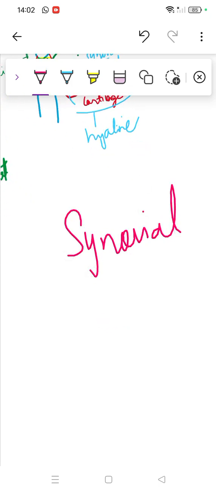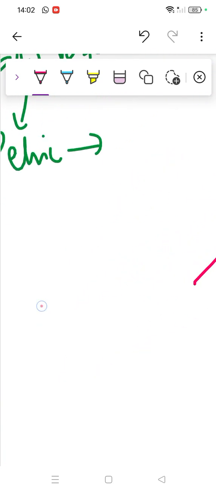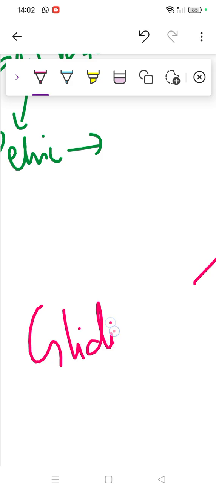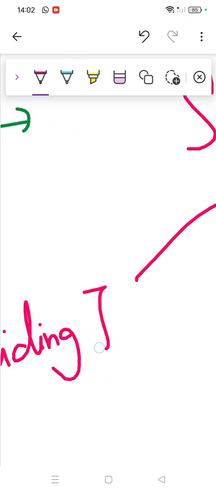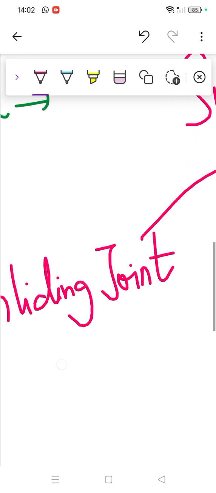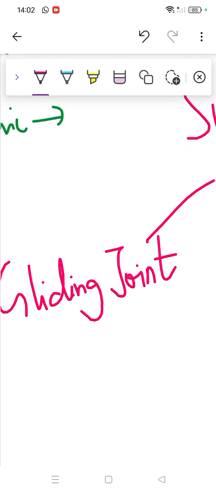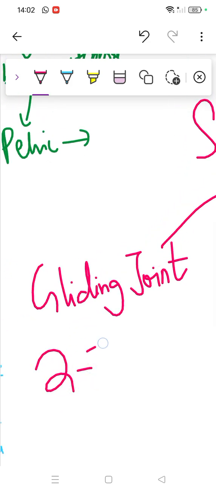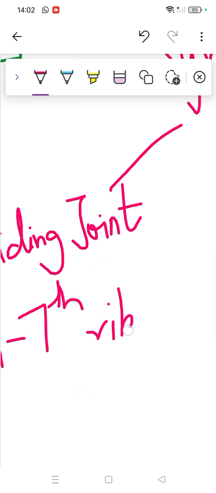Synovial joint is divided into three more parts. Let's check it out. First one is called the gliding joint. Gliding joint, which is simply present between the second and seventh rib with the sternum.